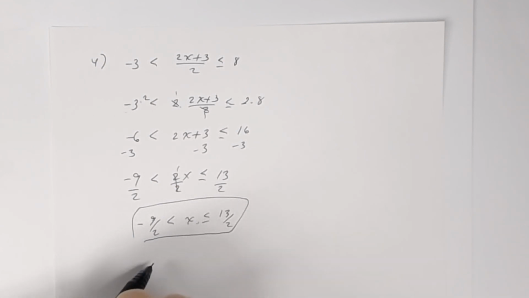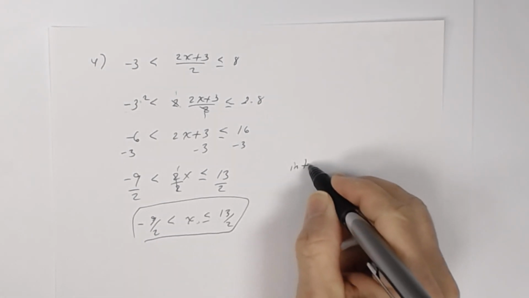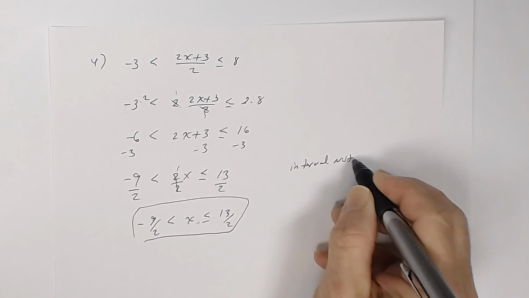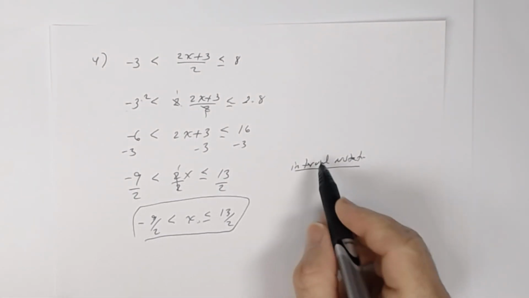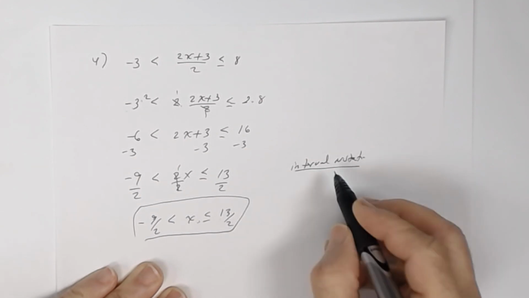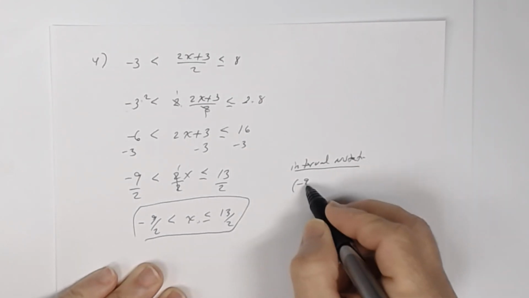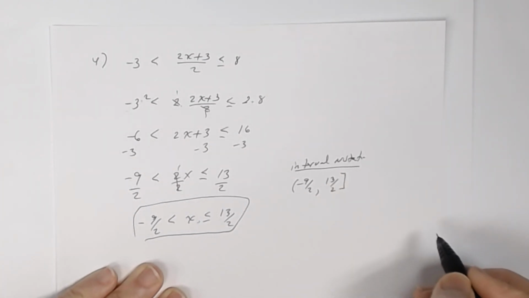So there's an infinite number of solutions, an infinite number of real numbers. So then when you do the interval notation, remember, since there's no equal sign, that's going to be parentheses. Since there's an equal sign, you use brackets. You can say parentheses -9/2, comma, and then 13/2 with a bracket.